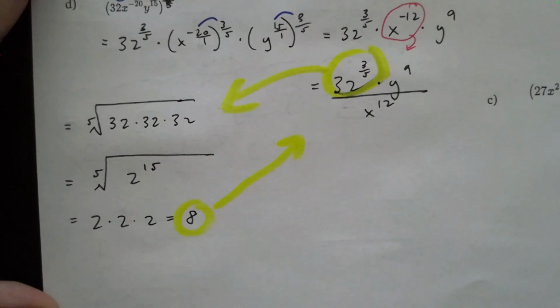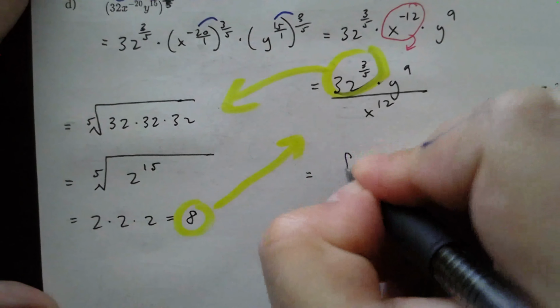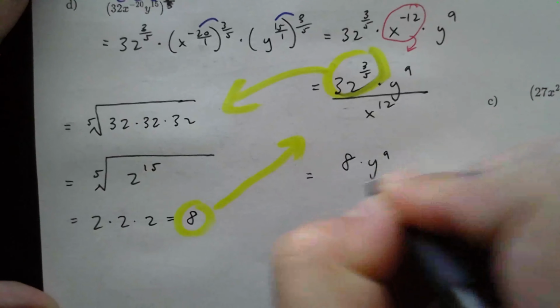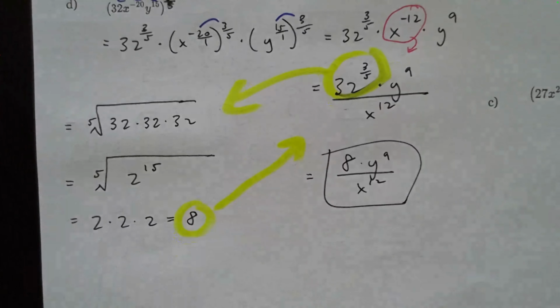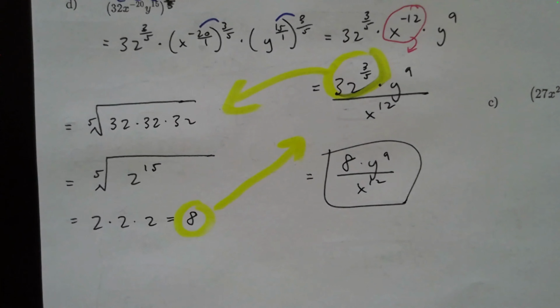Move it back. Done. Because each one of those 32s is 5 twos, 2 times 2 times 2 times 2 times 2. If I do that 3 times, that's 15 twos. Okay.